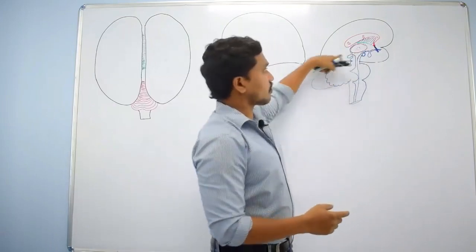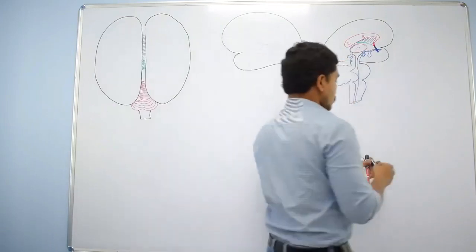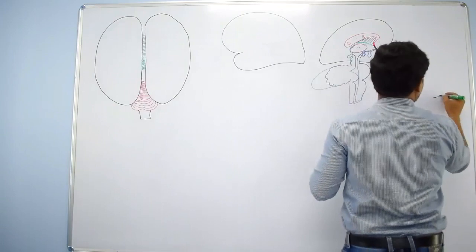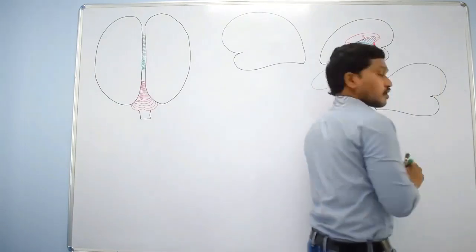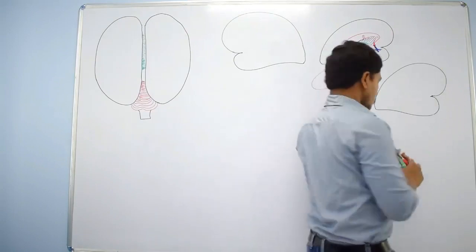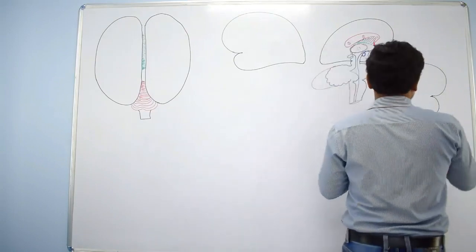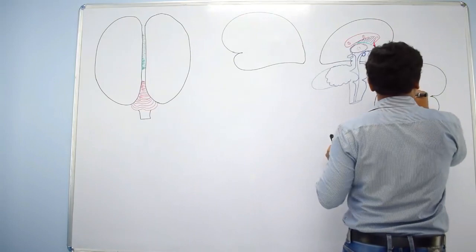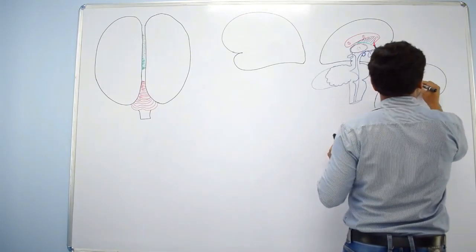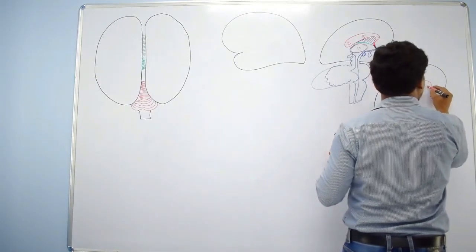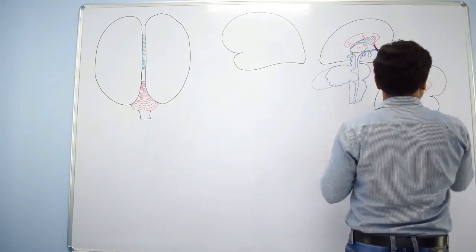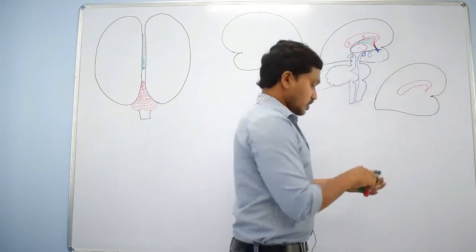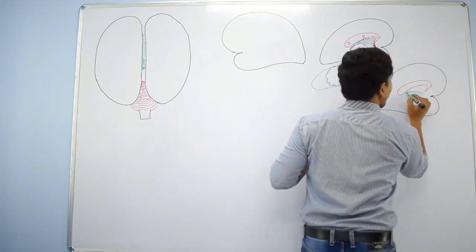Here is the corpus callosum cut section, having rostrum, genu, body, splenium, and below that we can observe the fornix.